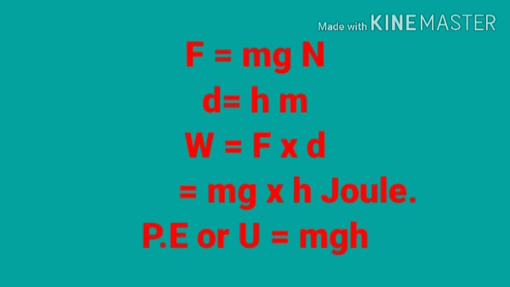So this energy mgh is gravitational potential energy. We can write PE, which denotes potential energy, or you can also write U, equal to mgh. Children, remember this equation.